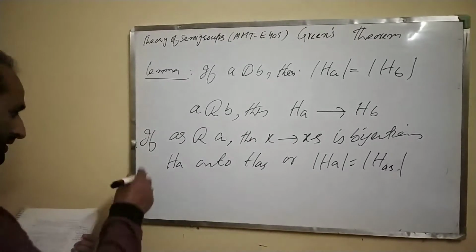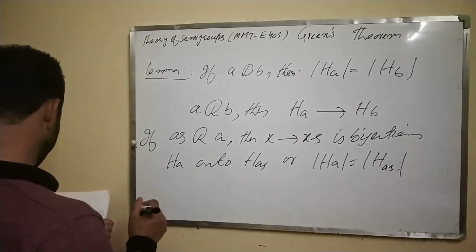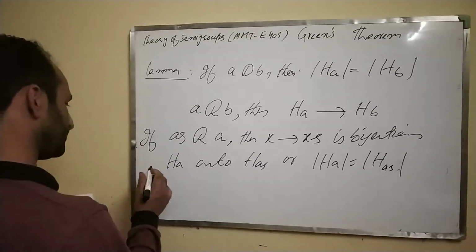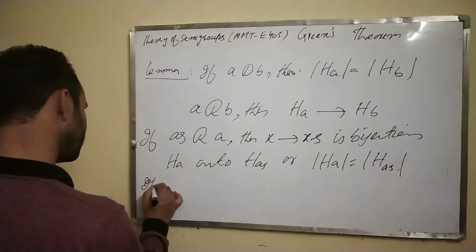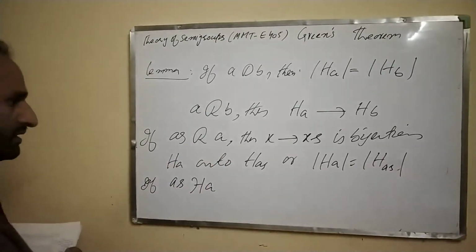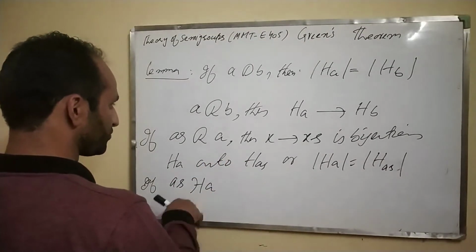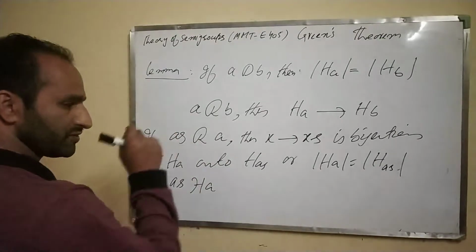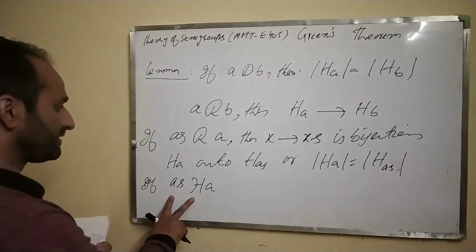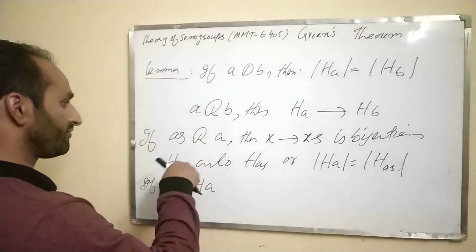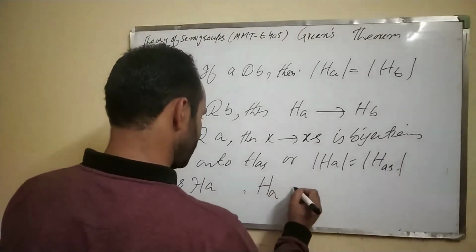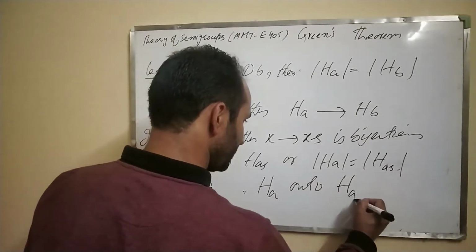This also gives the following: suppose AS is H-related to A. Then they are also R-related, because H is a subset of R; H is the intersection of L and R. Whenever AS is R-related to A, there is a bijection from HA onto HAS.